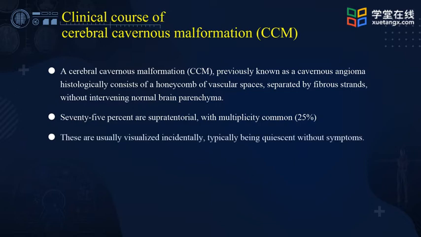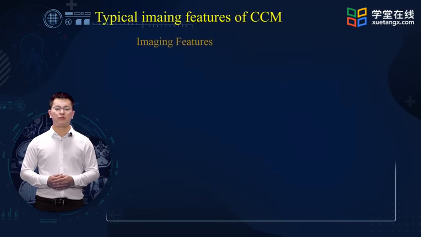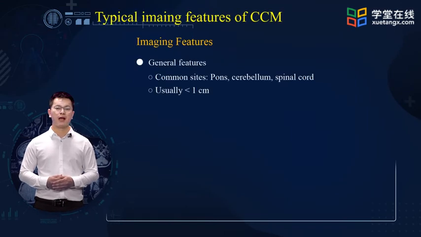These are usually visualized incidentally, typically without symptoms. They are prone to spontaneous hemorrhage and, for symptomatic lesions in at-risk patients, are treated by surgical resection. CCMs are usually found in the pons, cerebellum, and spinal cord with a maximum diameter of less than 1 cm.